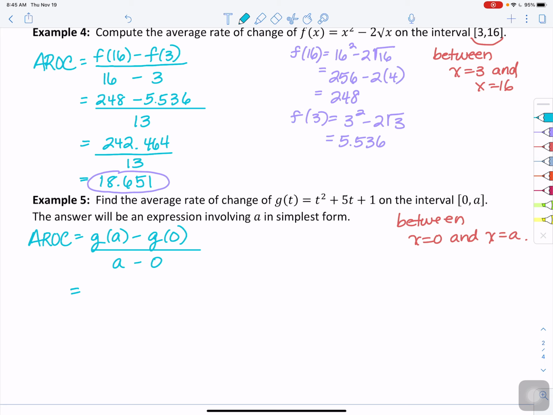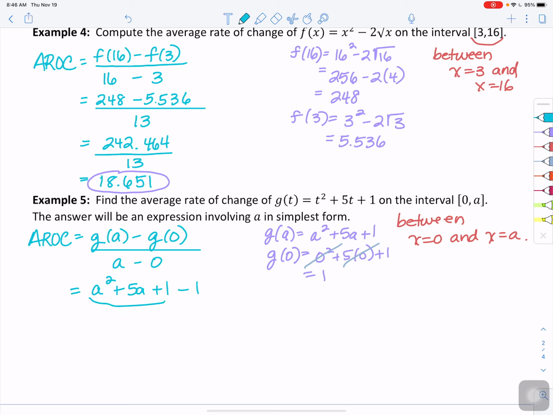So let's go and find g of a, and we've practiced this. That's a squared plus 5a plus 1. And then let's find g of 0. And g of 0 is 0 squared plus 5 times 0 plus 1. And we just get 1. So we have a squared plus 5a plus 1 minus 1.